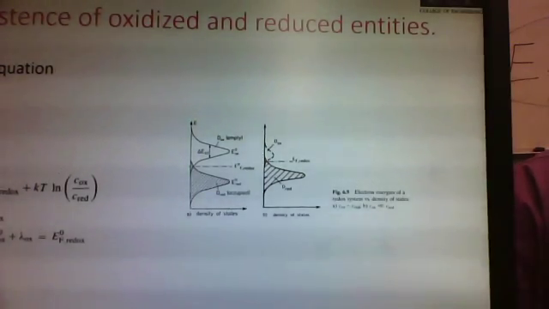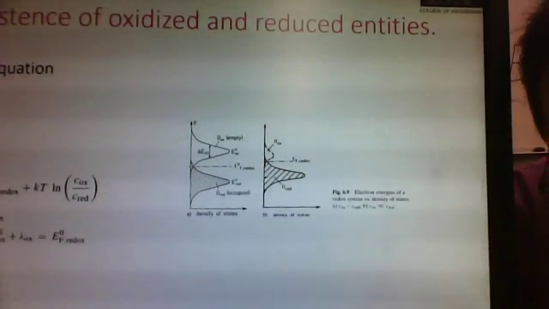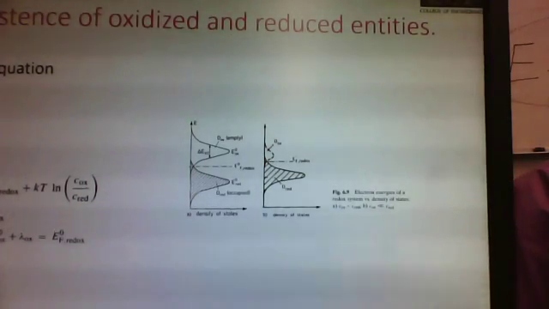This gives us a hint that the electrolyte solution can match up the energy if we can play with the concentrations of the reduced and oxidized forms of the material.